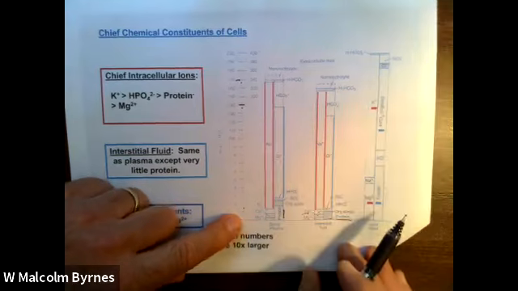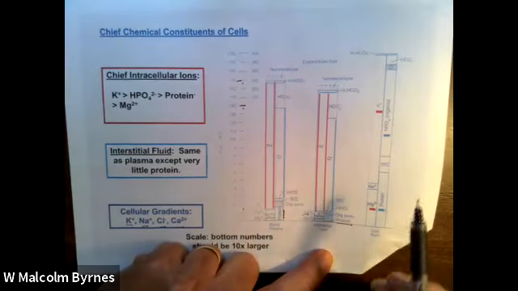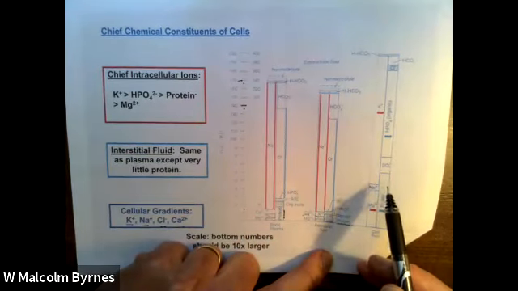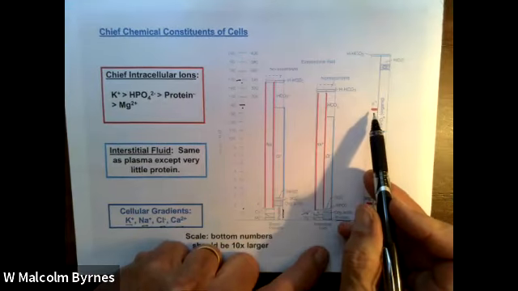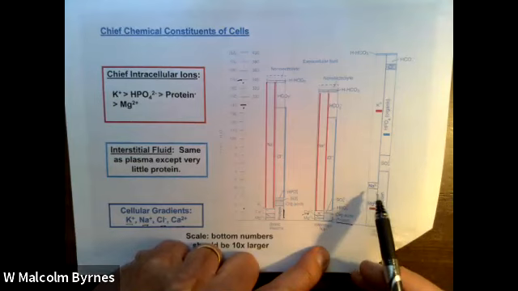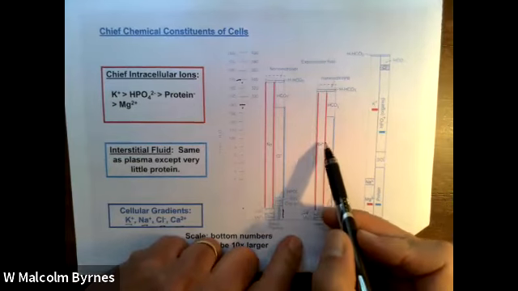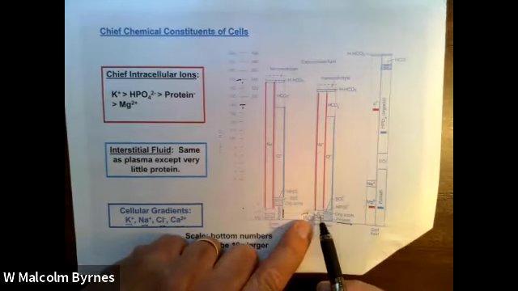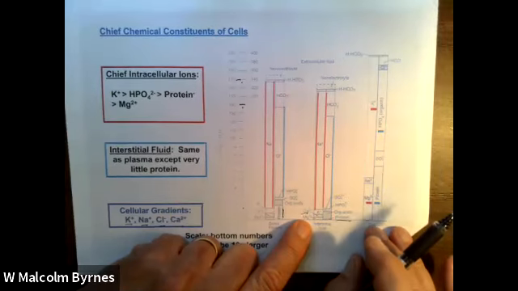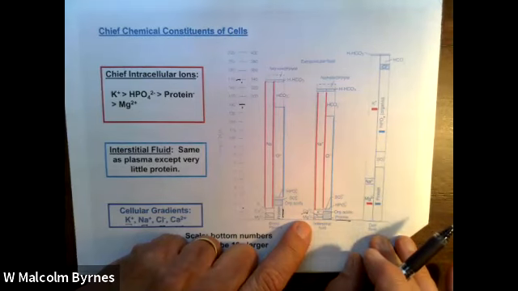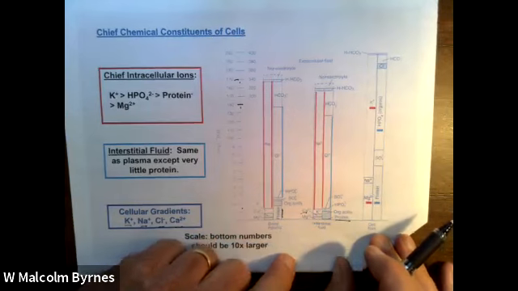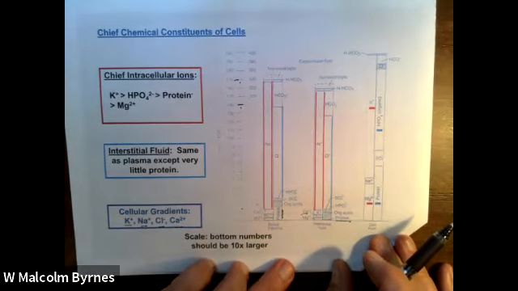But here's one thing you can notice, and that is if we look inside of cells and outside of cells, we see that inside there's a lot of potassium, not much sodium. But outside of cells, there's a lot of sodium and not much potassium. And that's because there's an active pumping of sodium out and potassium in to cells by means of what's called the sodium potassium ATPase or pump.